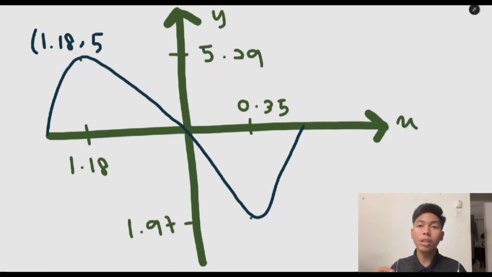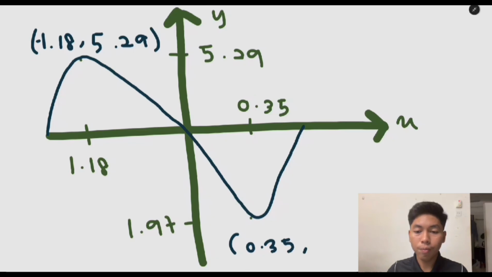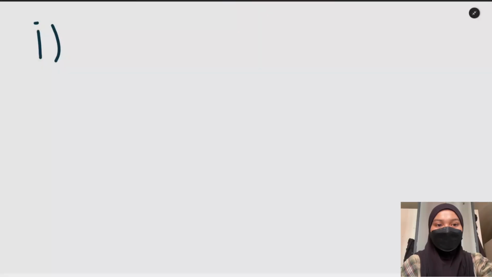After we draw the dots, we just draw a line on the graph. So yeah, that's your graph.